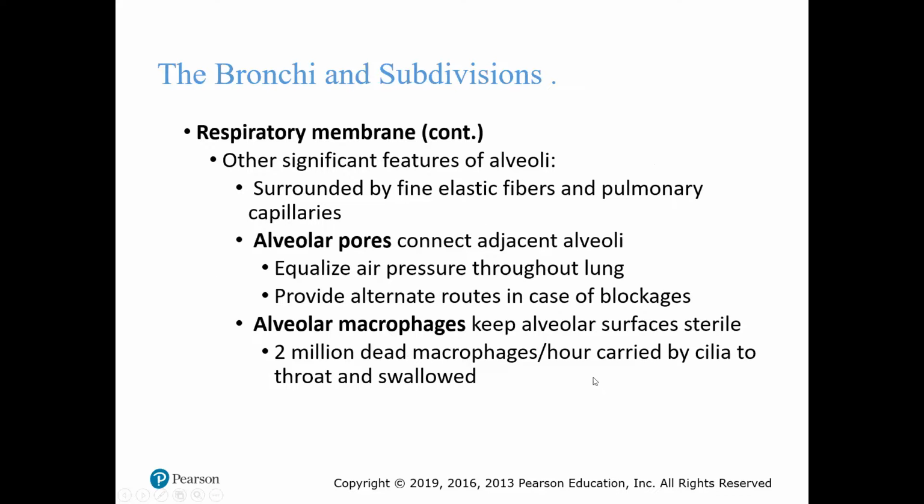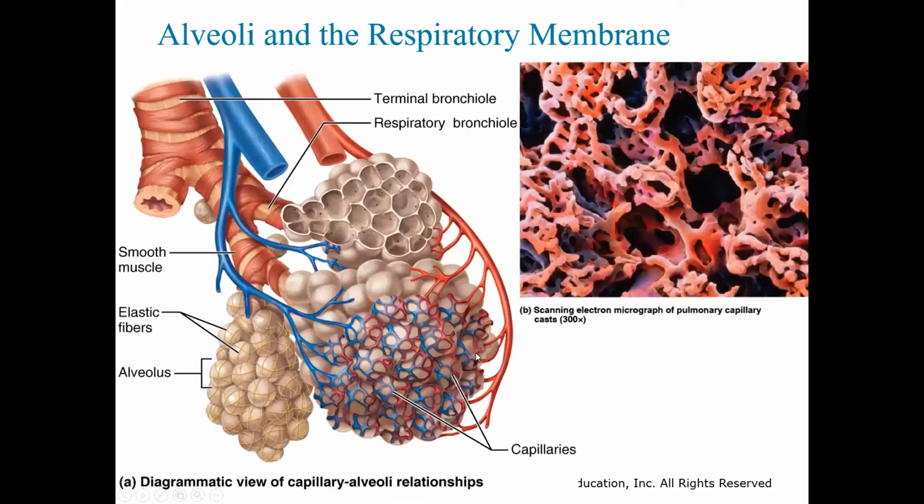Okay, I already mentioned that. So here's what it all looks like. There's your terminal bronchiole, there's your respiratory bronchiole, there's an alveolus sticking up, and there's another one. There's our ducts, and now we have our clusters. Each alveolus is surrounded by up to 100 capillaries, so we have great gas exchange into the blood supply at each alveolus.